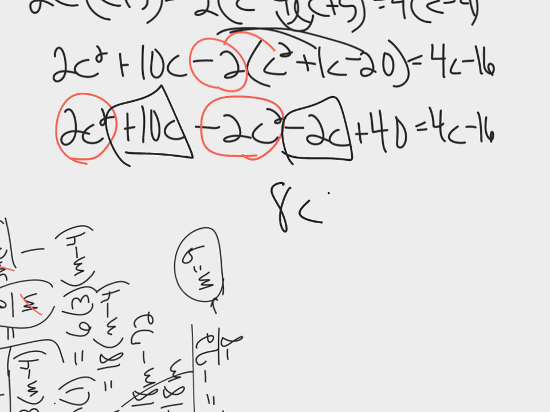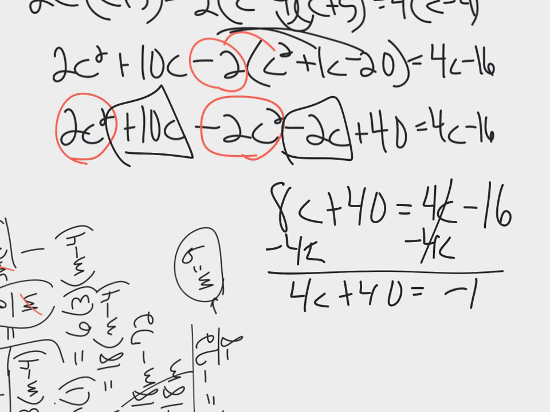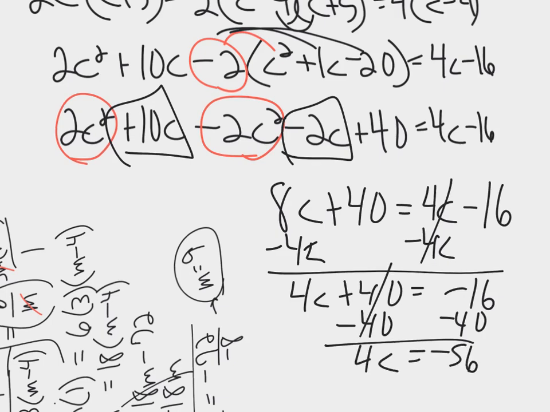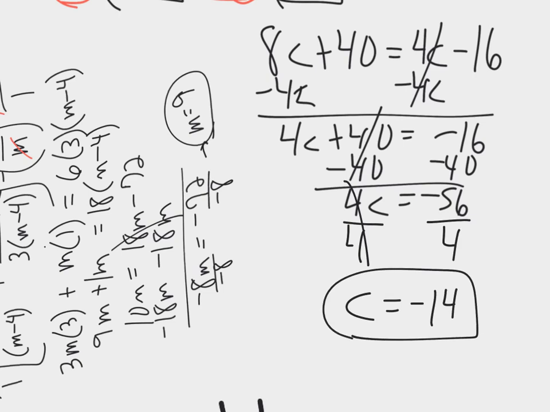So we got 8c plus 40 equals 4c minus 16. So 4c equals negative 56. And then we divide by 4. C equals negative 14.